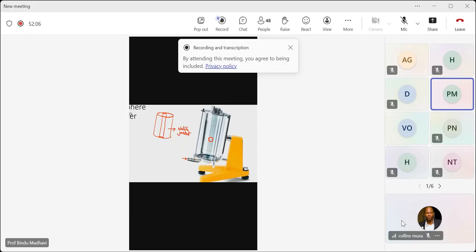So we can see there is an inlet through which the water is supplied. It gets circulated inside the jar and the tube is present inside the jacket. The sample that we are going to add goes to the tube.